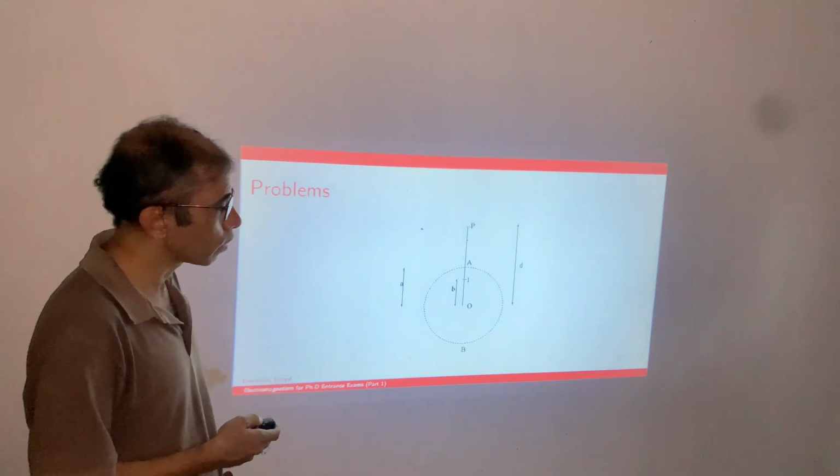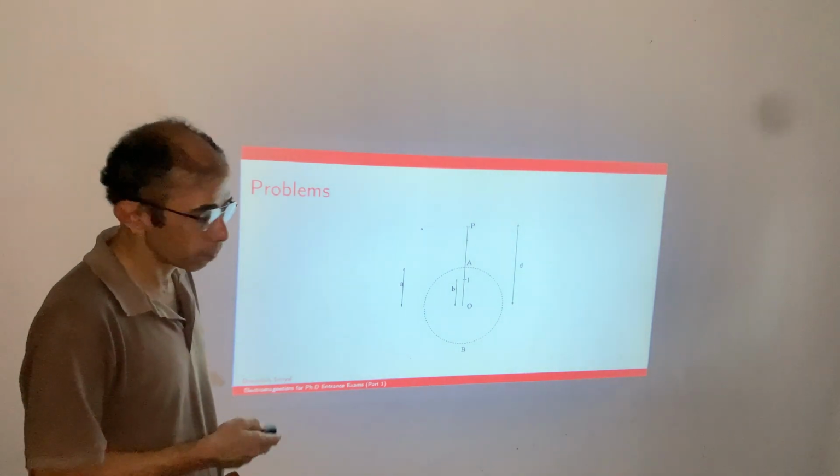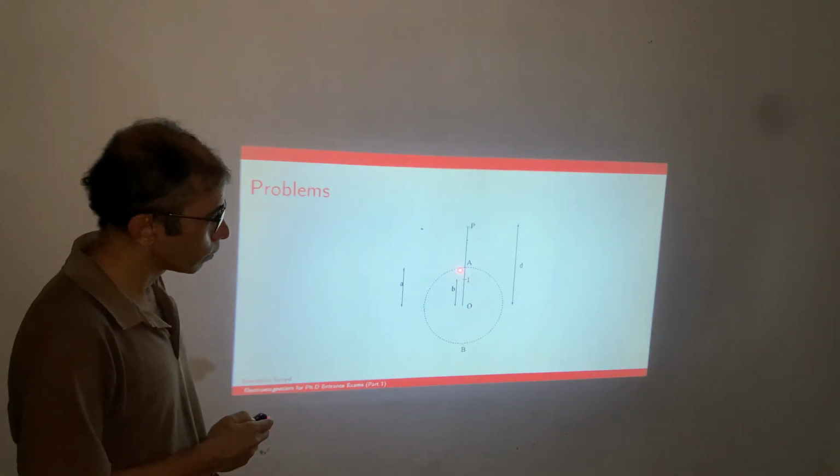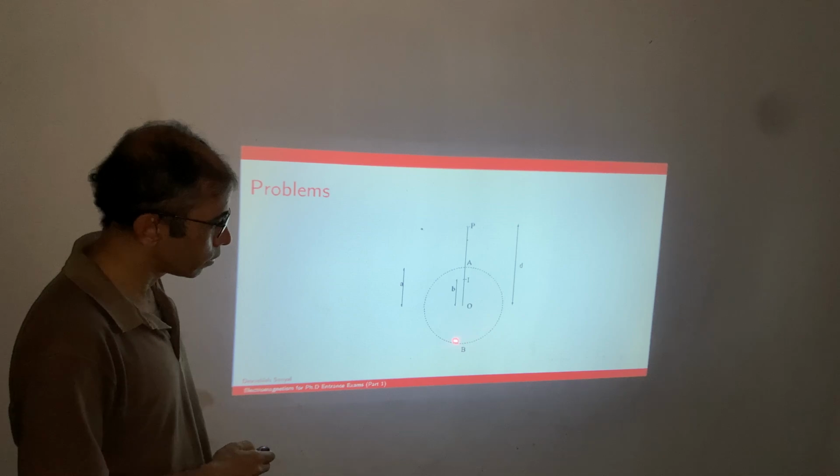This we will solve using method of image. So what do we assume? The potential here is 0.